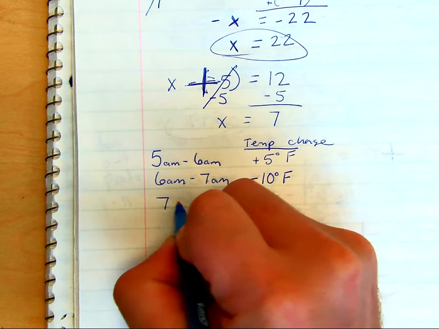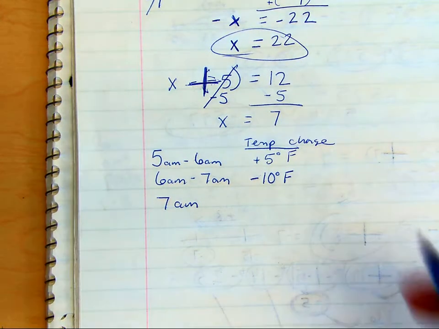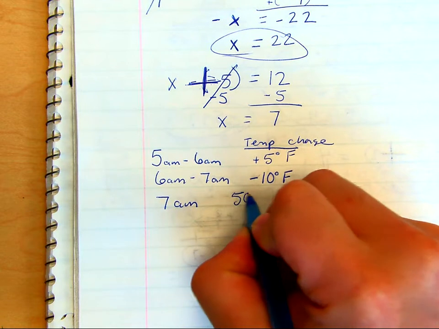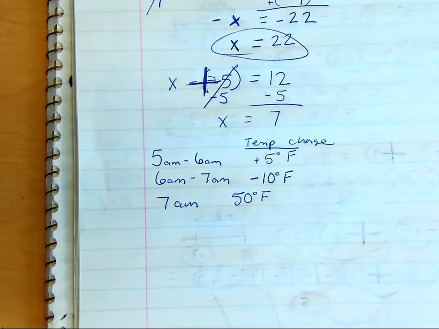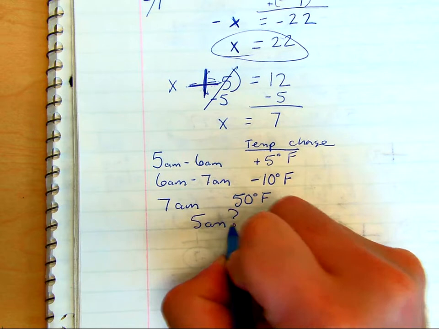And they tell us at 7 a.m. the temperature was, I don't know, we'll say 50 degrees. I want to know, what is it at 5 a.m.?